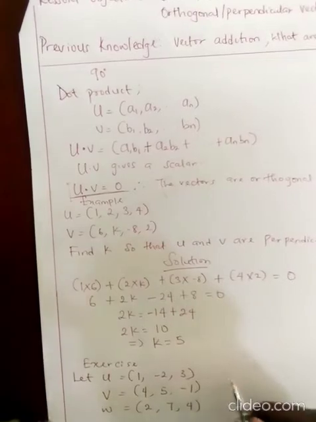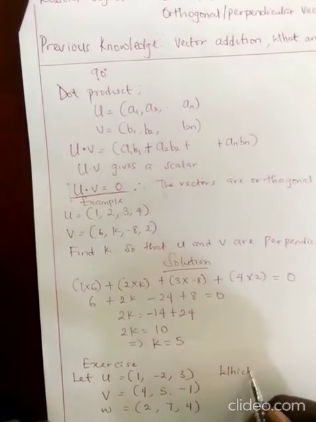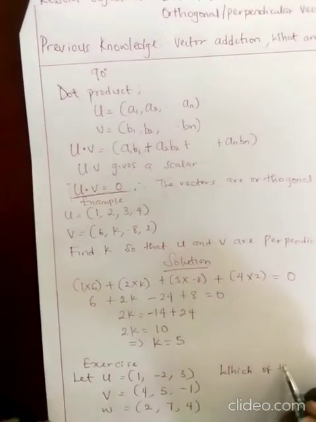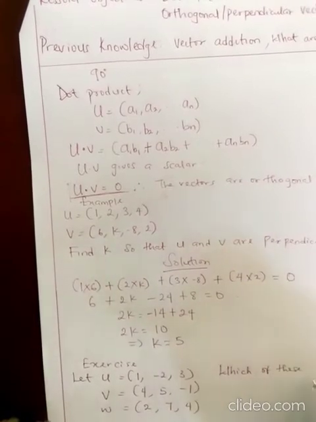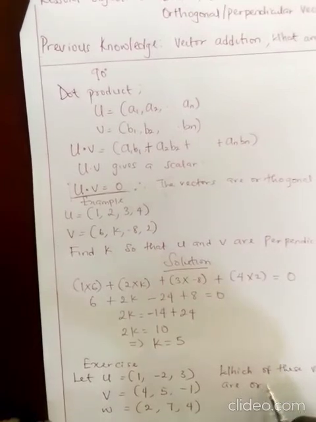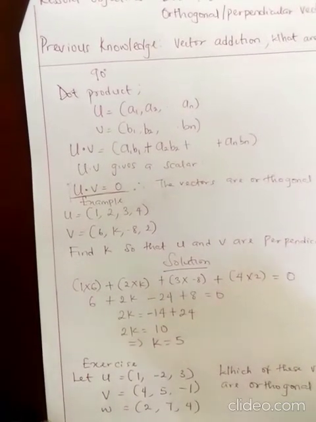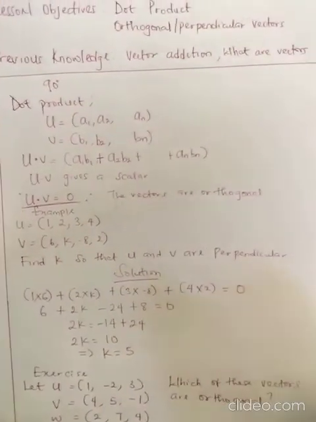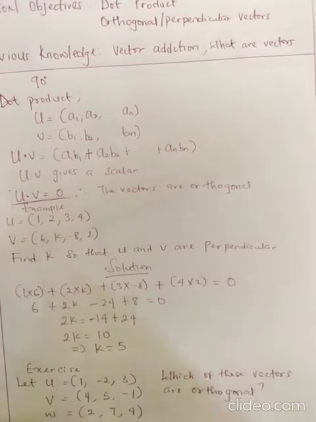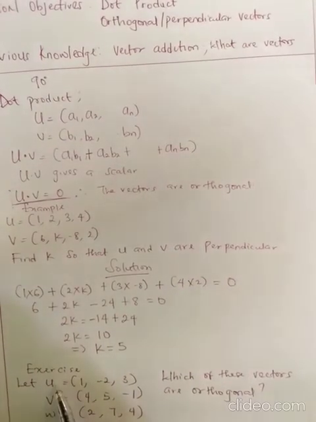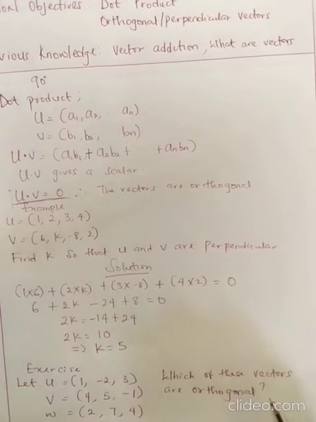My question is, which of these vectors are orthogonal to each other? Of course, you know that if two vectors are orthogonal, their dot product is 0, so you have to check each vector against the others: u with v, u with w, and so on, to see if the vectors are orthogonal.